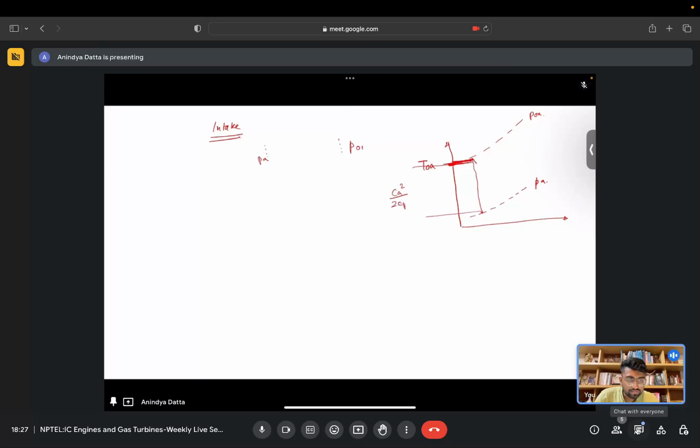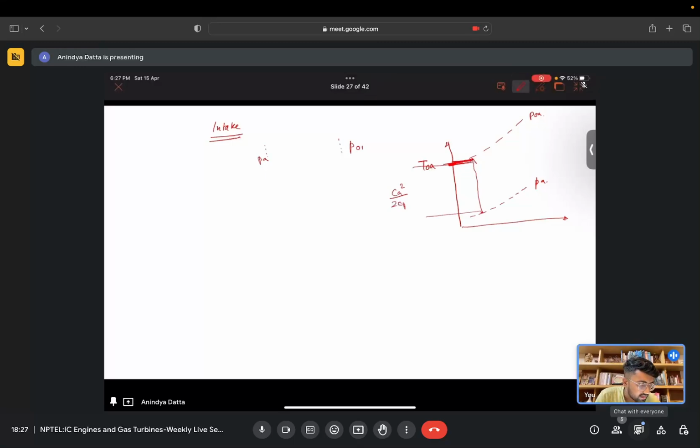Since there is some flow irreversibility associated with the intake also, the stagnation pressure will not be P0A, it will be P01. Let's say this is P1, this is 01, and this difference is C1 square by 2 Cp.